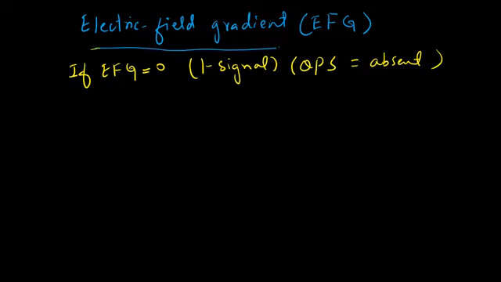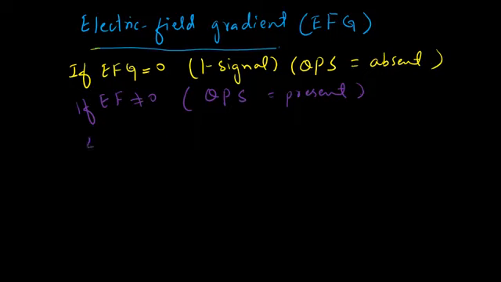And secondly, if the electric field gradient is not equal to 0, then quadrupole splitting will be present. So what are the necessary conditions for the electric field gradient to be equal to 0 or not equal to 0?